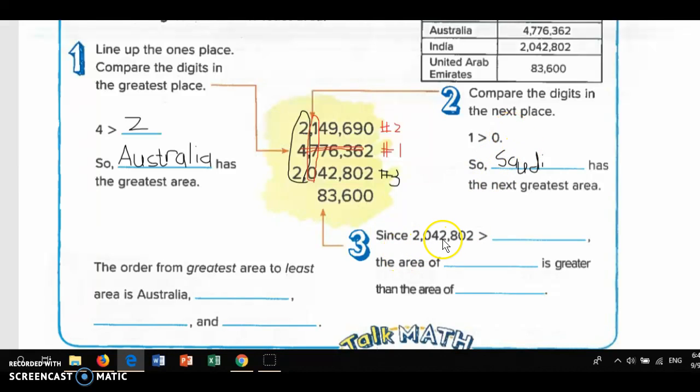Since 2,042,802 is bigger than 83,600, the area of India is greater than the area of United Arab Emirates.